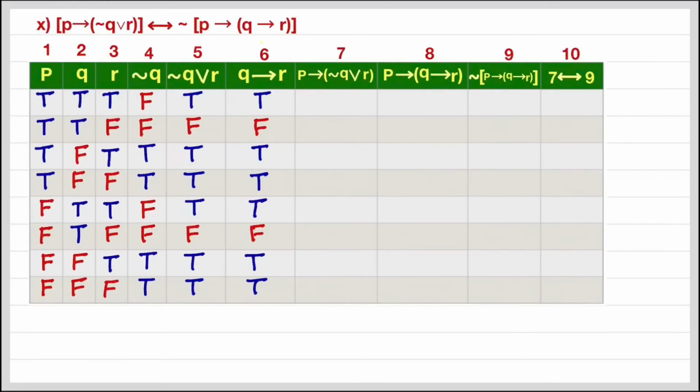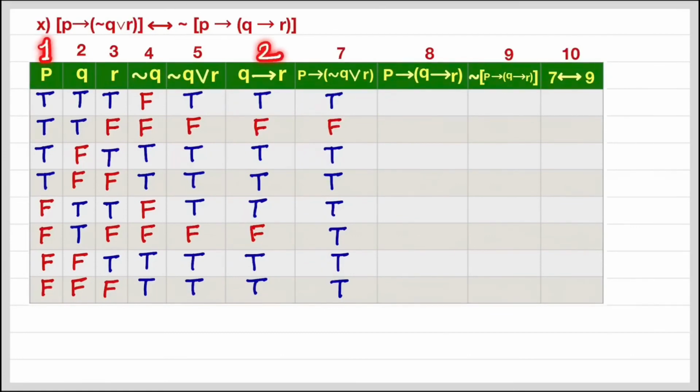Next column for implication, implication of P and negation of Q or R. When the first statement is true and the second false, implication is false. This is followed at the 2nd place. And all other entries are true. Only the 2nd entry is false and all other entries are true.